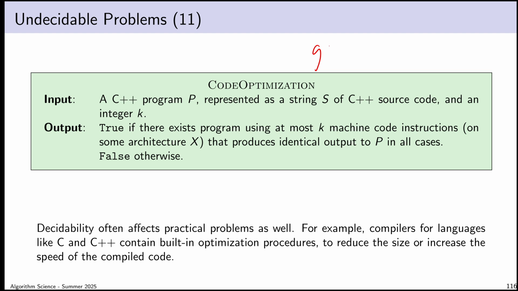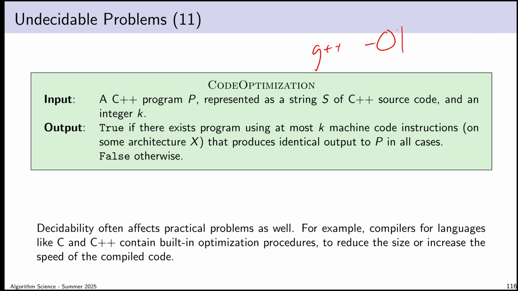If you want to do this with a C compiler like GCC, you would use the flag -O3. You do the same thing with the C++ compiler. I think O3 is optimizing for high speed, O2 is optimizing for compact code, and O1 is optimizing a little bit, but not so much that the compiler becomes slow. So there are these built-in optimization procedures.